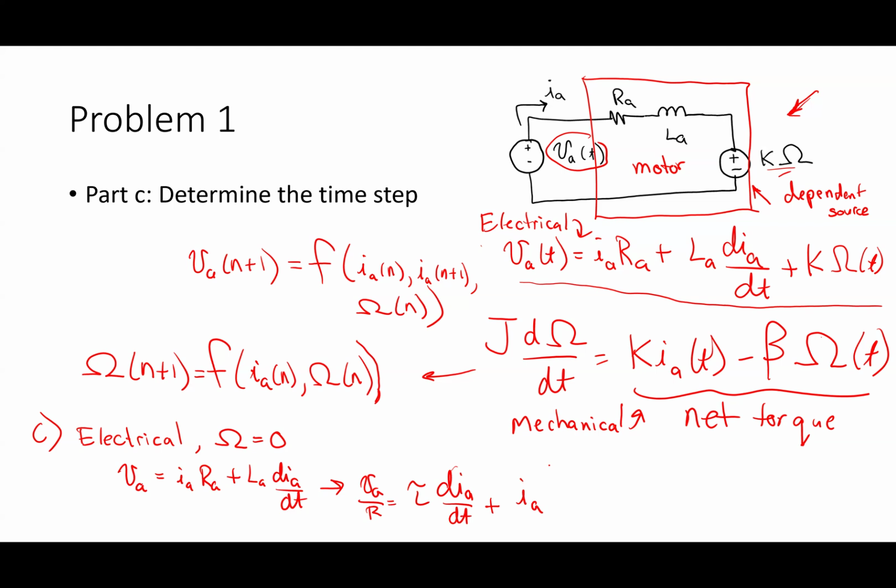So you look at that, your tau is equal to apparently L over R, so LA over RA. And what we said before is essentially to see the entire transient, I need to make sure that my delta t is much, much less than 5 tau. Okay. And so basically I have a tau that comes from this one, and then I have a tau that comes from the other one, right?